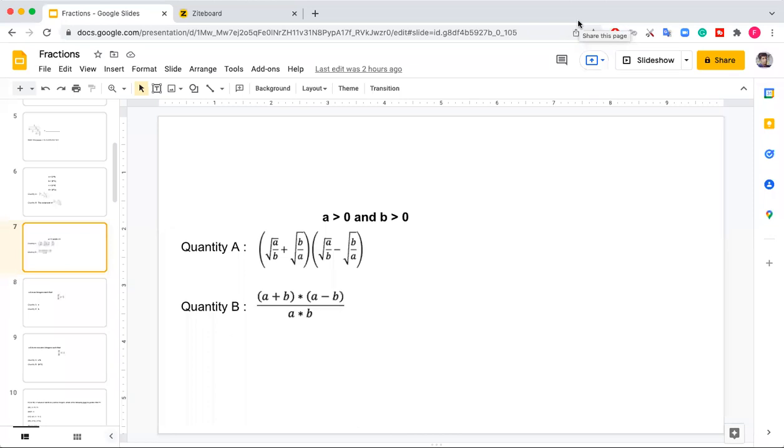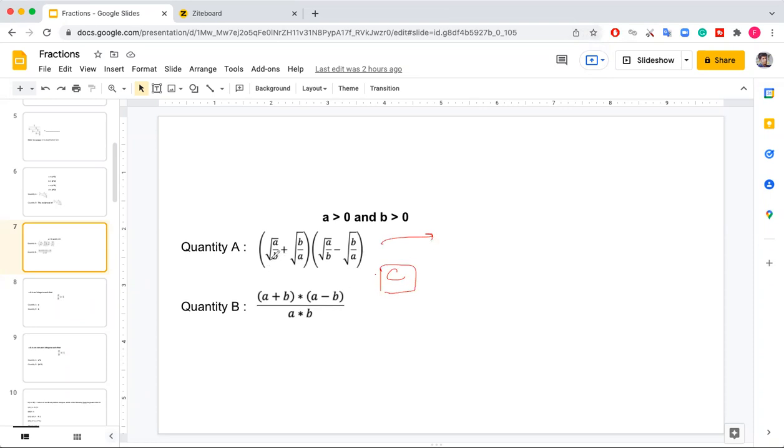C. Same, C. Both are equal. Yes, it is equal. D or C? The answer to this is C.